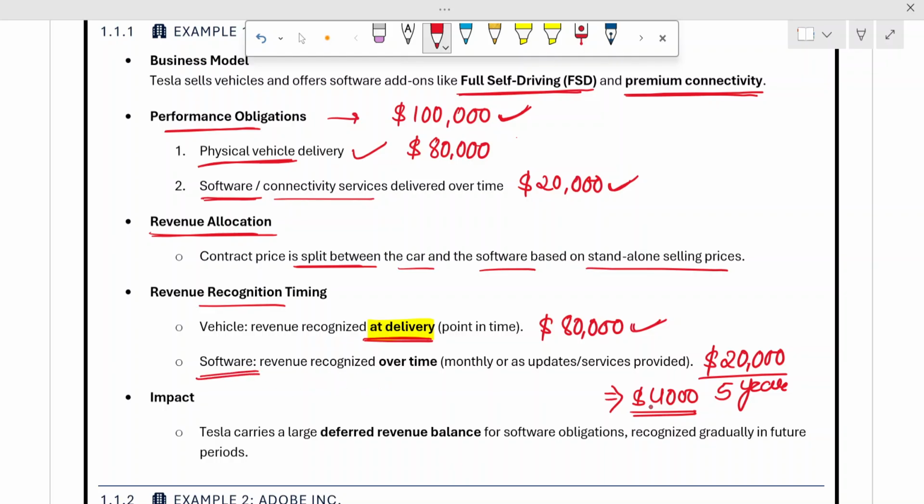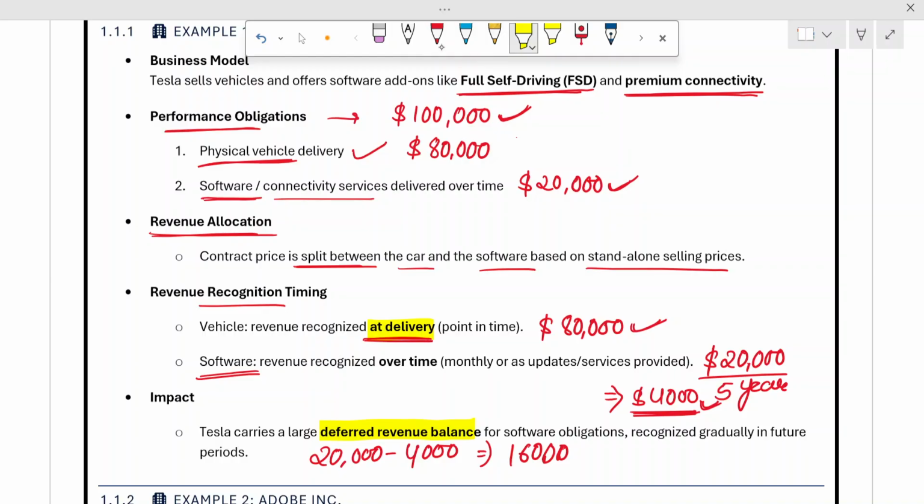So you will recognize this $4,000 in the first year as revenue. And what will happen with the remaining amount? You will say $20,000 was for software, $4,000 was for the first year, so the remaining $16,000 will be your deferred revenue balance.